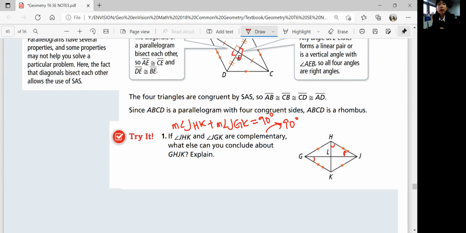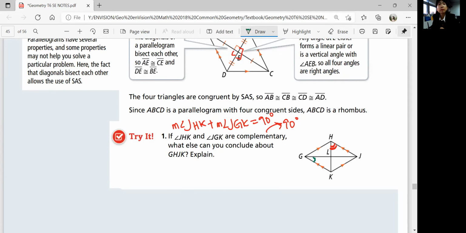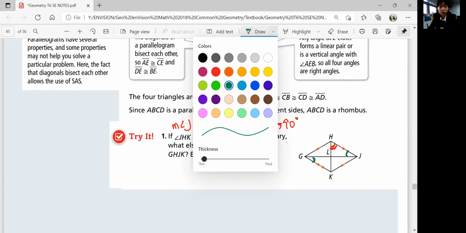So maybe I should say, oh, this is two lines here, okay? But here and here, they're equal. They must be equal. Maybe I should use a different color. Okay, so these two are equal to each other by the alternate interior angles theorem.